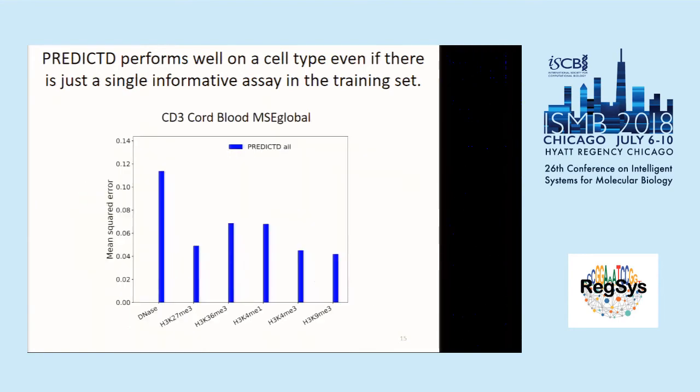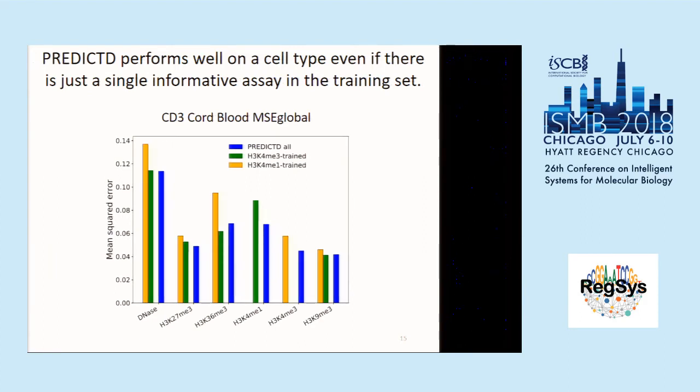These blue bars represent the performance with all of the training data available. If we only train on H3K4me3, an active promoter histone modification, we see that the performance is actually pretty similar. So we think the model can effectively take information from other cell types and assays and apply it to new ones.